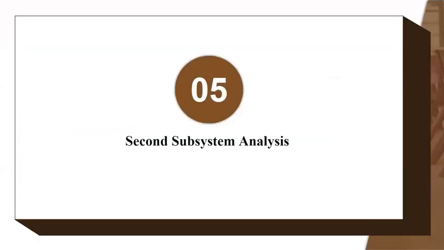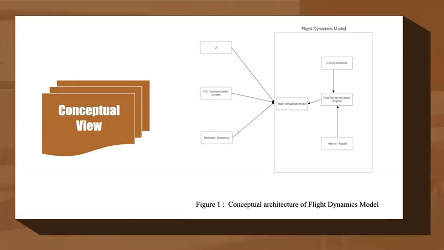For the second subsystem analysis, let's look at the conceptual view at first. Last time we analyzed the client will have an ATC communication system, telemetry streaming, and the UI. Then, considering the fact that the users can interact with each other through the web, the server can be used for networking, data synchronization, and other event management.